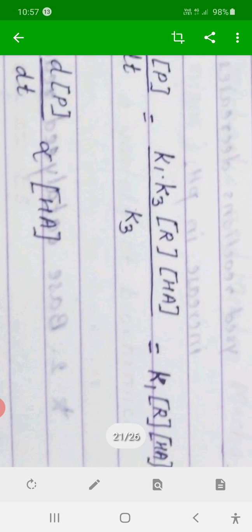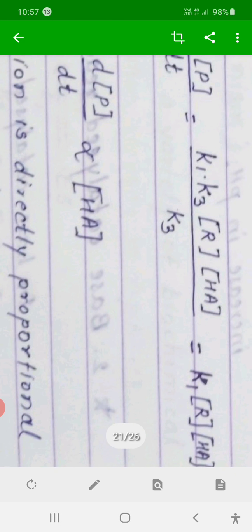That means the rate of reaction, the rate of product formation dP by dt, depends on concentration of reactant as well as concentration of catalyst. Catalyst concentration is also important for the rate of reaction. That also depends on R as well as HA. This is the first approximation or consideration.